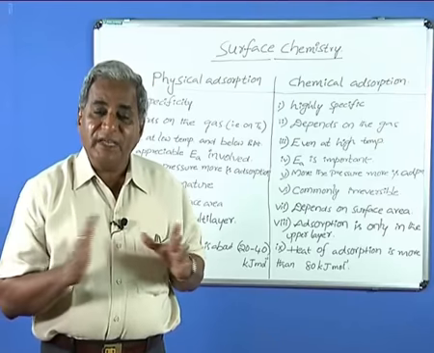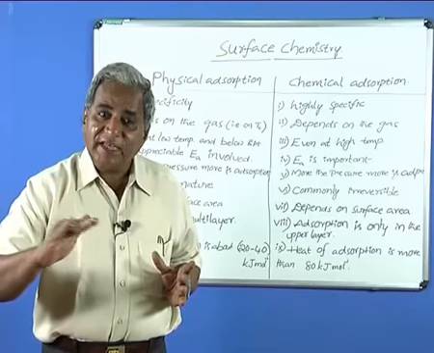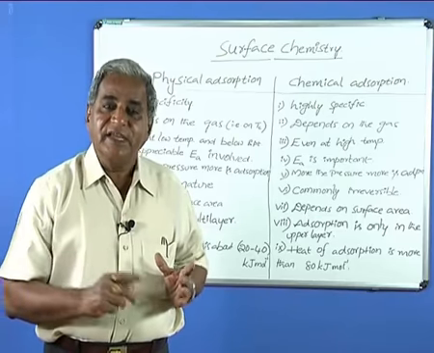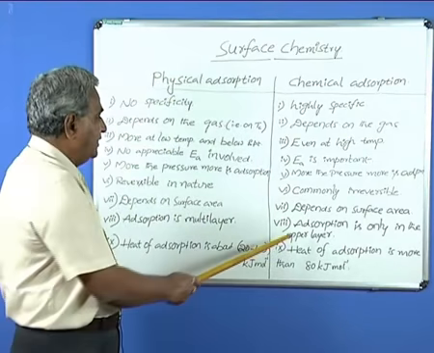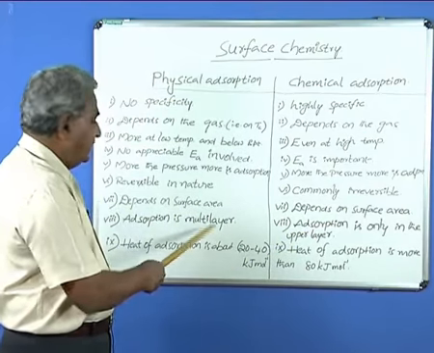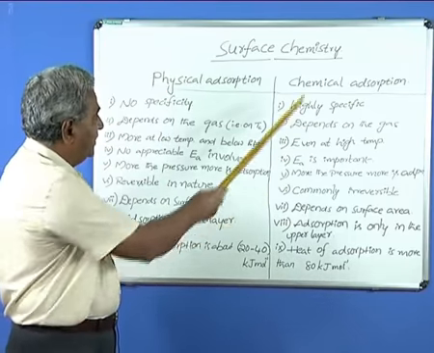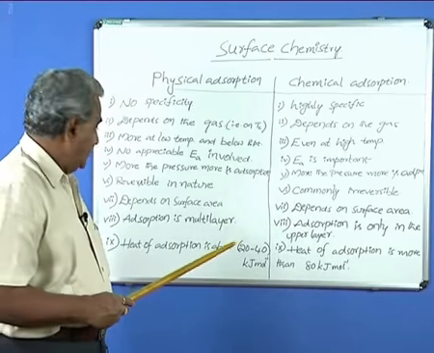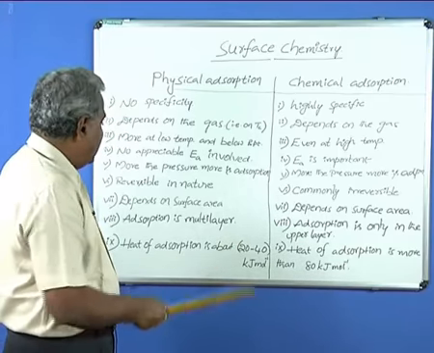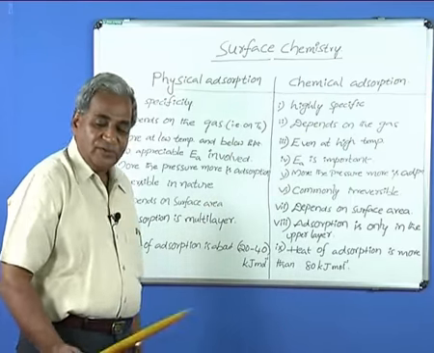But whereas chemical adsorption generally is assumed to be with the atoms present at the surface layer, that is unilayer they say, only in the upper layer. Whereas here, this is possible to a multi-layer system, that is physical adsorption, whereas chemical adsorption is only to a unilayer system. Then, heat of adsorption is hardly 20 to 40 kilojoules per mole.